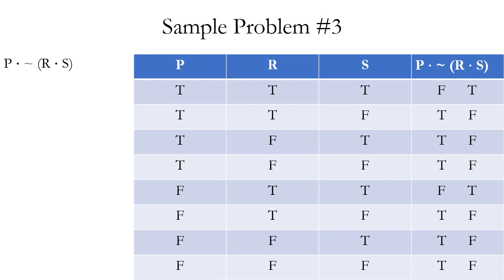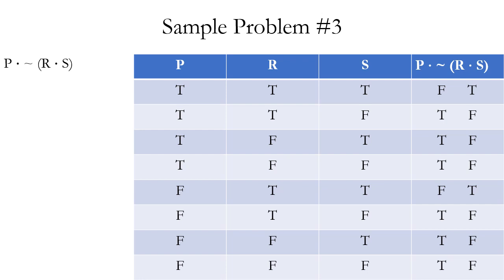And we have to figure out how do we calculate the truth value of that dot. We have a bunch of different truth values on our table for each row. Which of the ones are we looking at to calculate the truth value of that dot? The answer is we have to look at the truth value of P on that row because that's one of the conjuncts. And the other conjunct is not parentheses r dot s close parentheses.